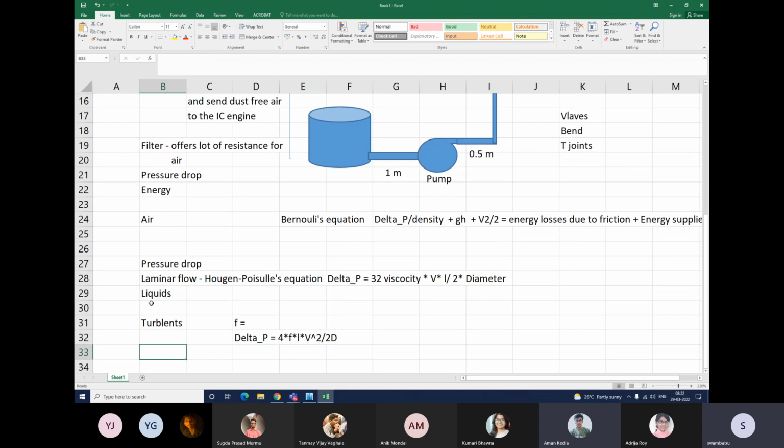So this is the friction factor. For laminar flow, F equals 16 by Re. For turbulent flow, we have a different set of correlations available.